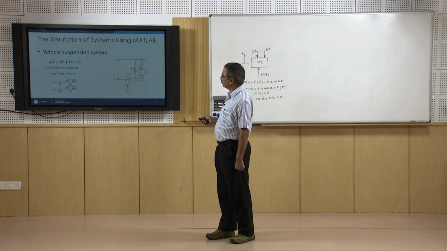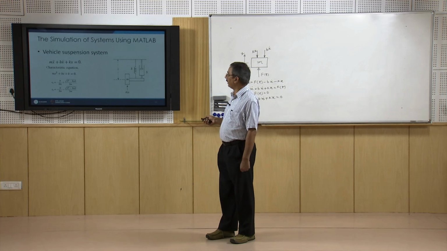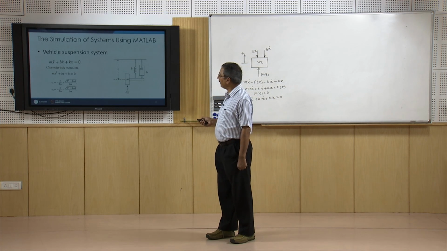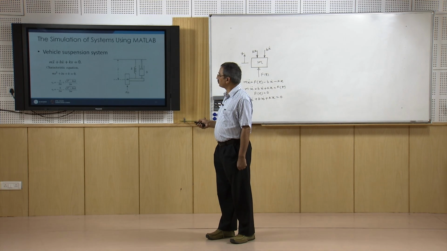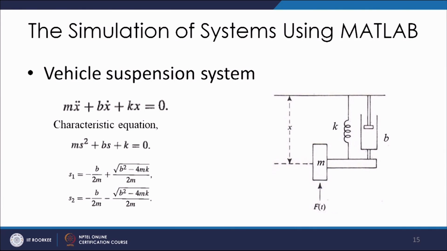So, just to have a little background, I can write the characteristic equation for this one as m s square plus b s plus k is equal to 0. I hope all of us are aware of how these characteristic equations are written. Now, this characteristic equation, as you can see, is a quadratic equation.